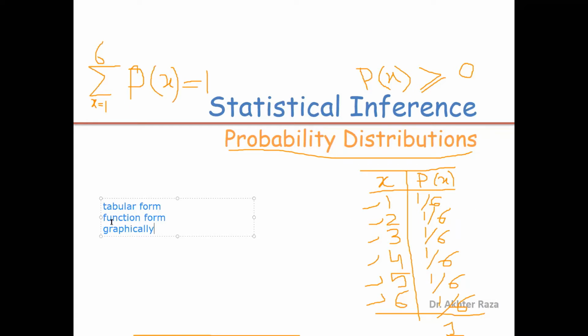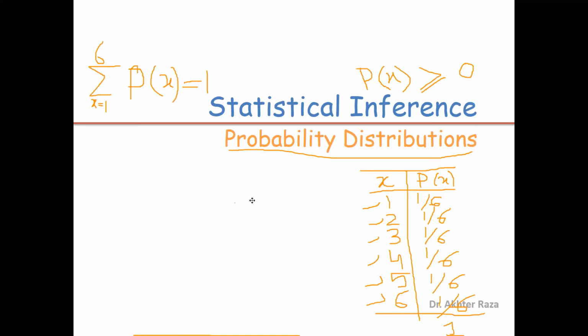We can represent the probability distribution by a mathematical function or a formula. This is known as the functional form of a probability distribution. Or in the third way, we can represent a probability distribution by a graph or the probability histogram.